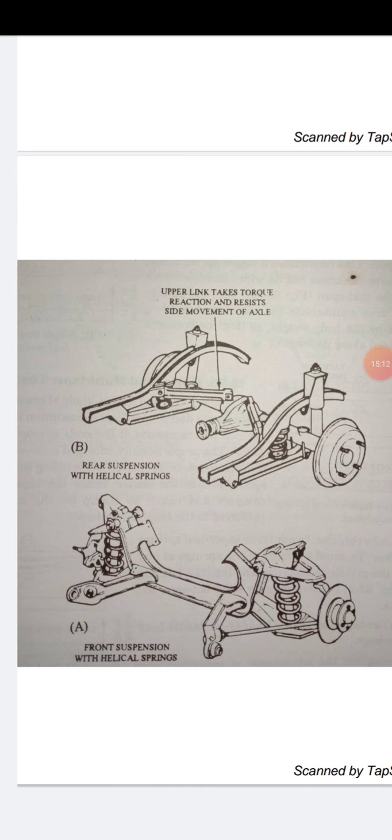Almost always the leaf spring or dependent type of suspension system is used in the rear wheels for passenger and commercial vehicles. But in commercial vehicles, we use the leaf spring at both front and rear.